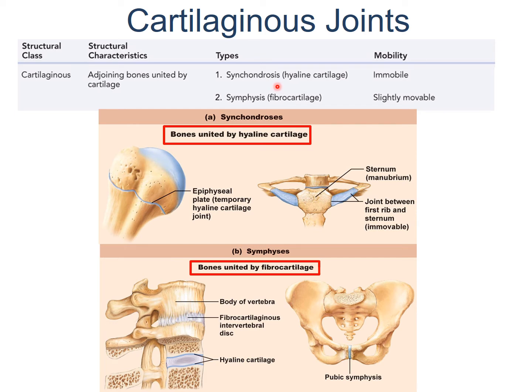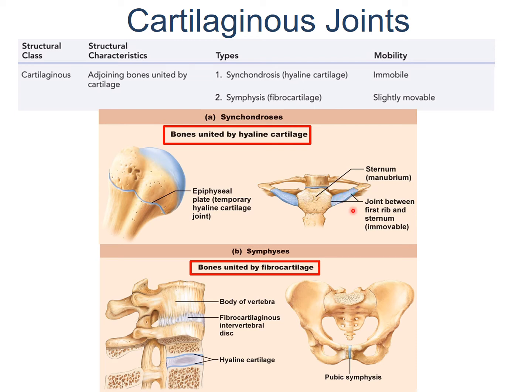All right, so for your example for a synchondrosis, there are 2 down here. You are not learning this one, so you can cross it out if you want to, because we don't do the epiphyseal plate in 243, okay? So the example you need to know is over here, and if you look really close, this is the manubrium of the sternum bone, and these are your ribs, and in blue is hyaline cartilage, right?